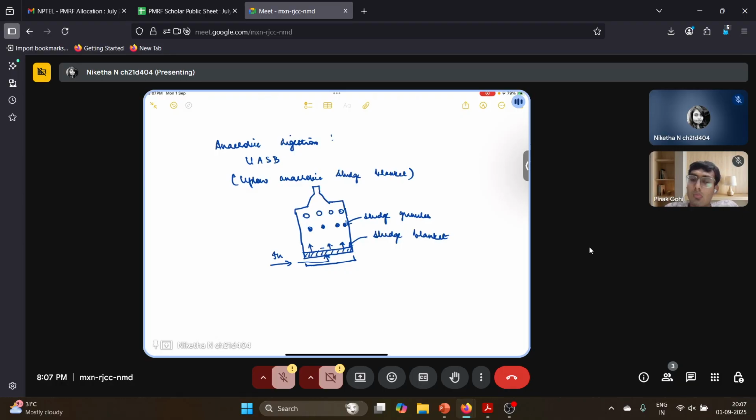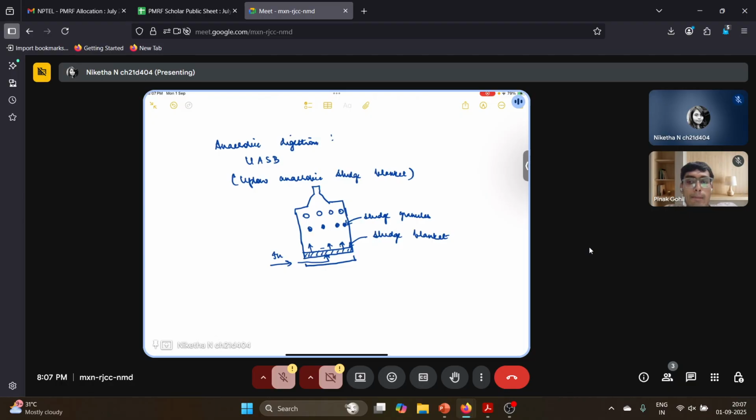It is very simple terminology. Upflow: the water goes from bottom to top, so the flow direction is upwards. And there is an anaerobic condition inside the reactor. Because of the anaerobic conditions and the degradation of organic waste by bacteria, there is sludge formation. The sludge usually forms a blanket at the bottom, through which the water will pass.